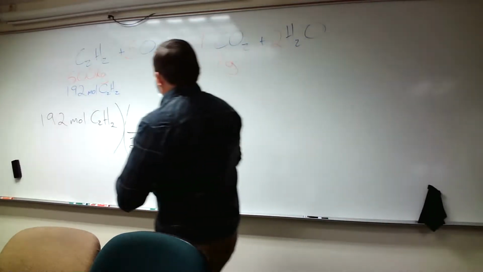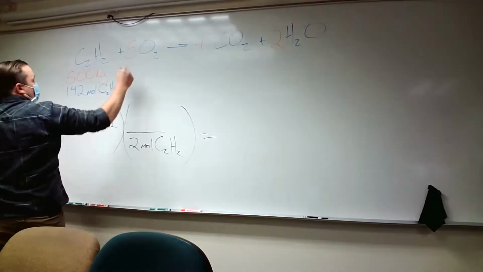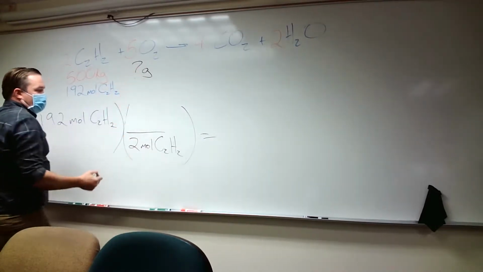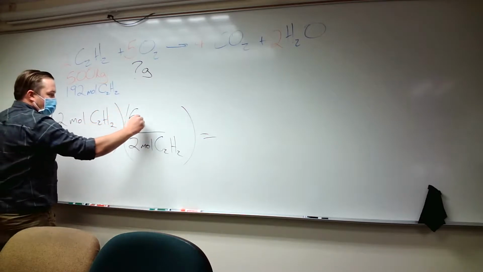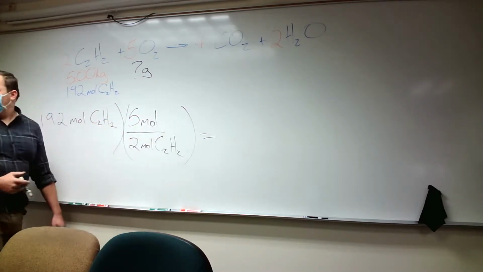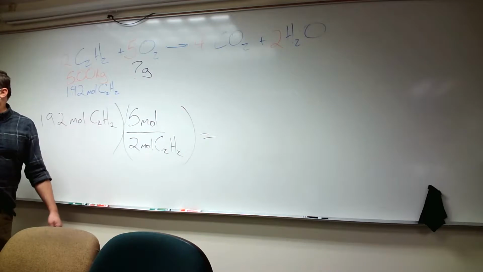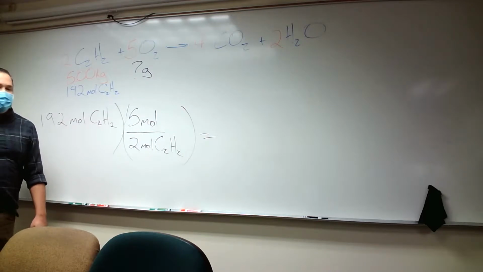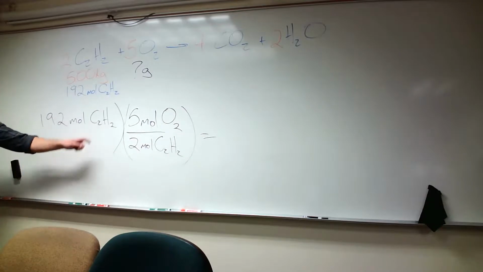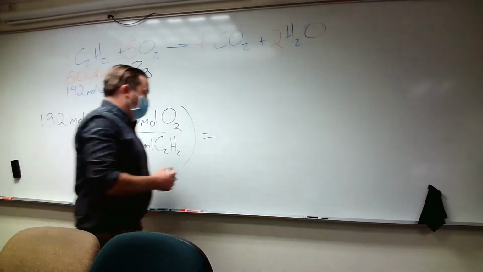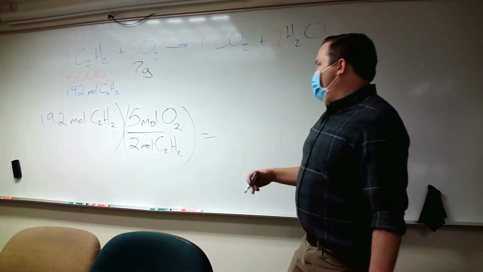So if we wanted to figure out grams of oxygen, we're just going to change the stoichiometry step. Now we're interested in oxygen. So we erase or start a new calculation, really, if you're on paper and not on a whiteboard. 2 moles of C2H2 makes 5 moles of oxygen burned or needed.